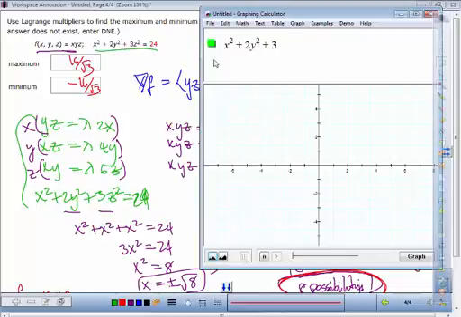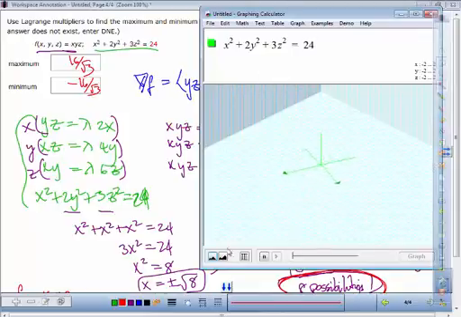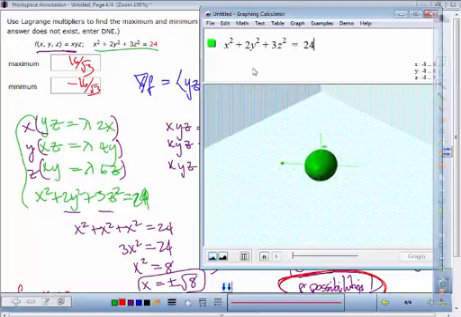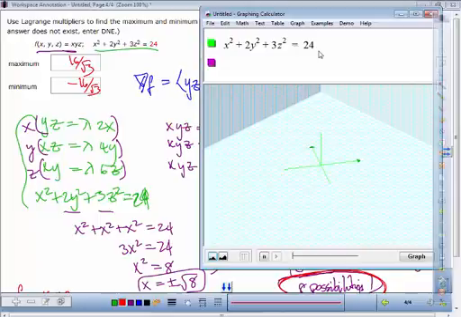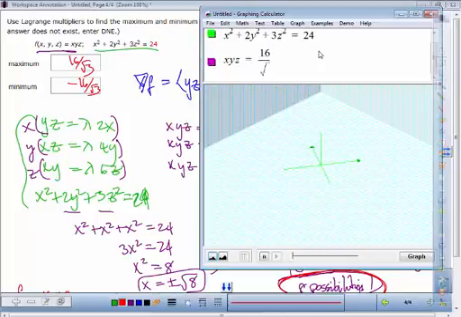Ellipsoid? So we have a graph of an ellipsoid, and for our second graph, because this is a three-dimensional problem, we actually need to look at it as a level surface. So x times y times z is equal to 16 over the square root of 3.